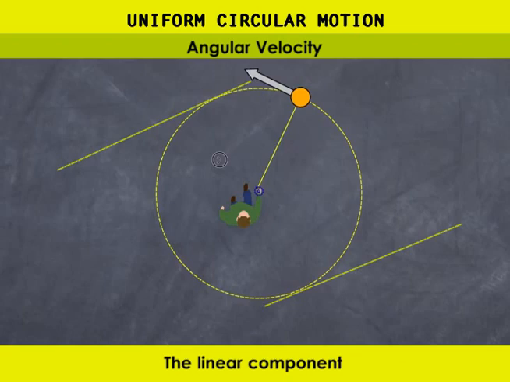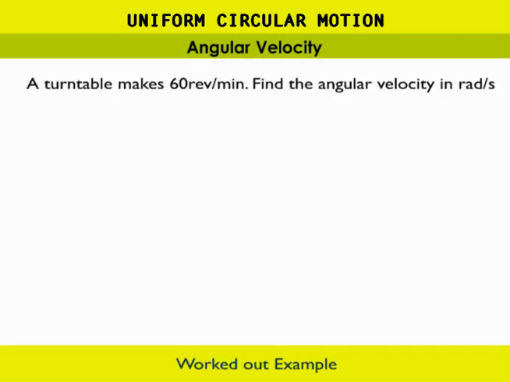Let's take two examples. Example 1. A turntable makes 60 revolutions per minute. Find the angular velocity in radians per second. A revolution is one complete turn, or 360 degrees, which is equal to 2 pi radians. How about 60 revolutions?